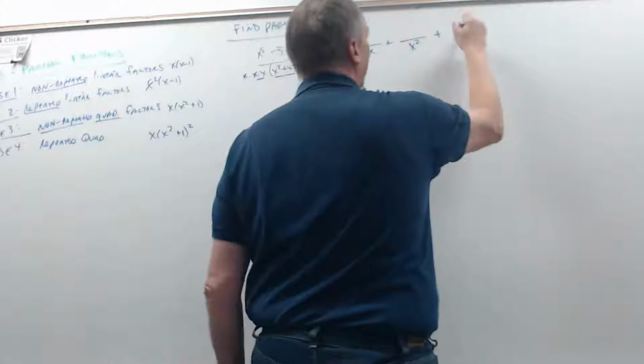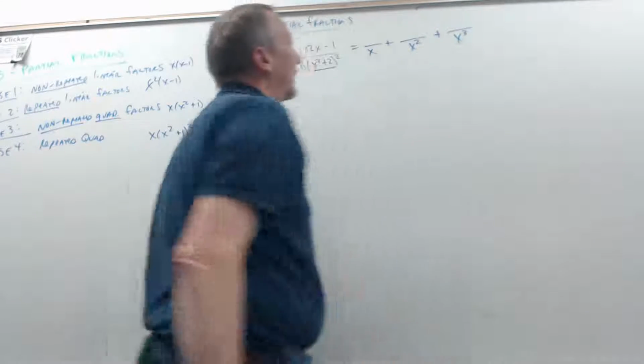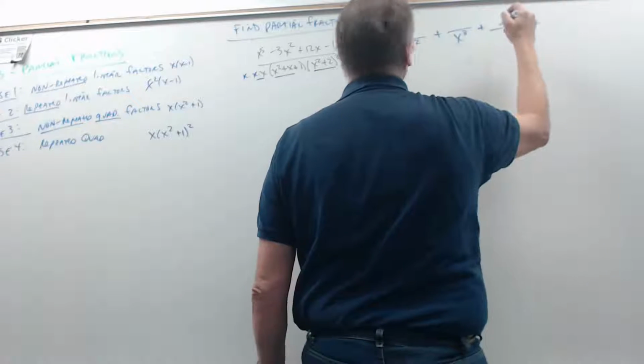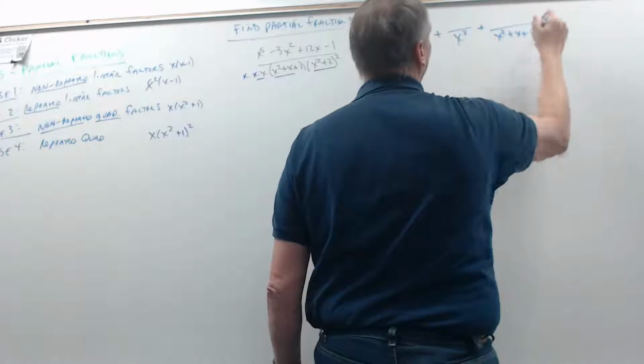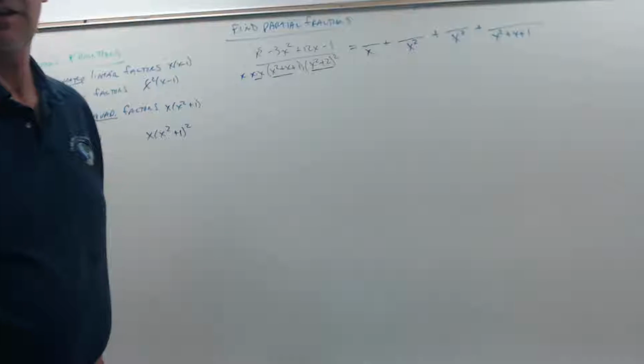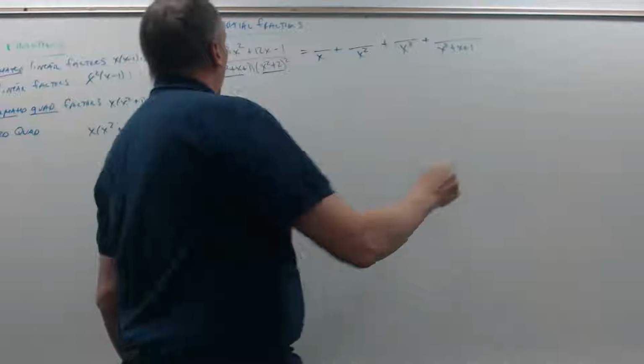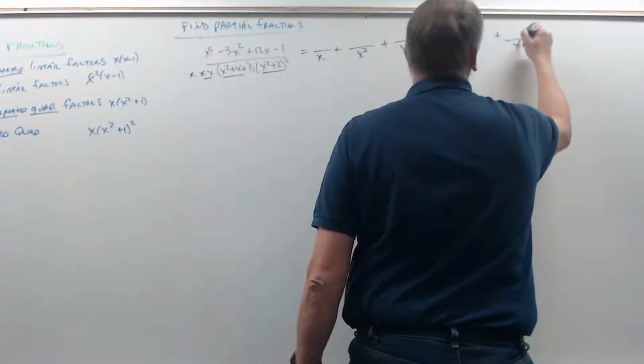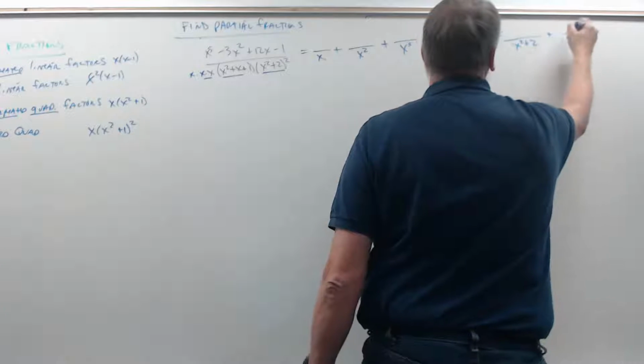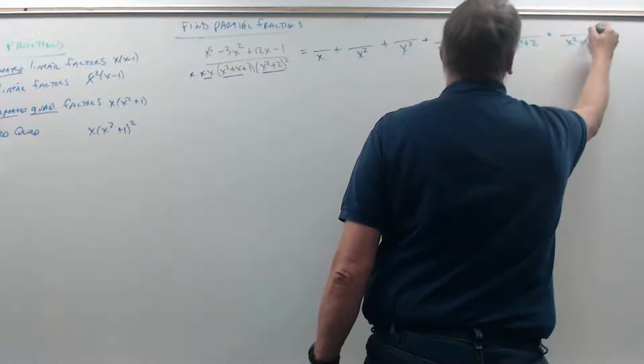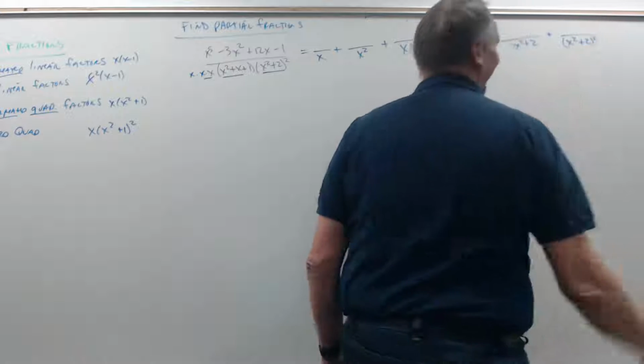Then the next is x squared plus x plus 1, and then x squared plus 2, and then (x squared plus 2) squared.